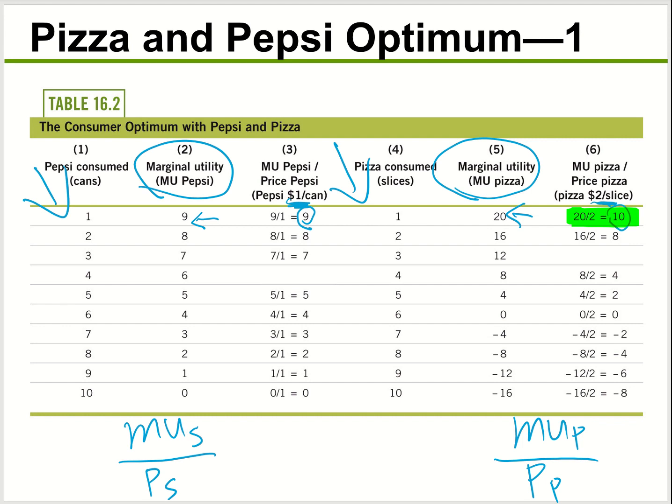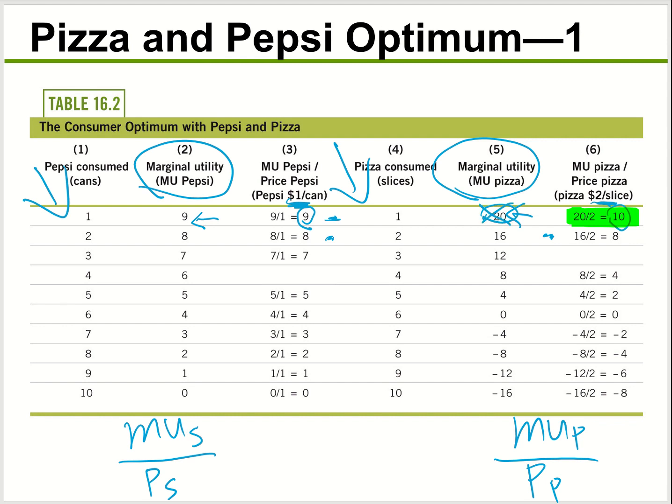And then for your second consumption, we'll compare our second pizza to our first soda. The reason we don't compare to our second soda is that you haven't purchased your first soda yet. We only purchased our first pizza.